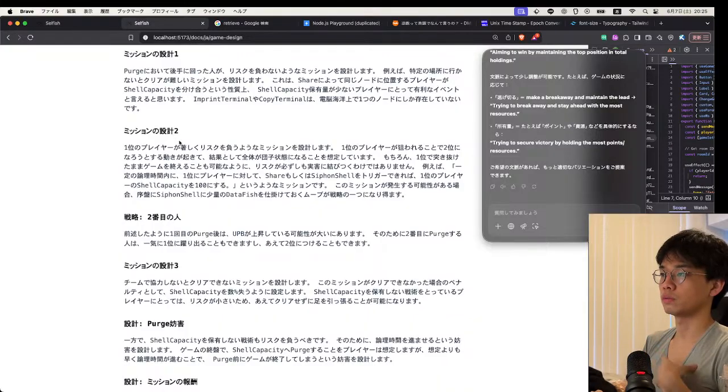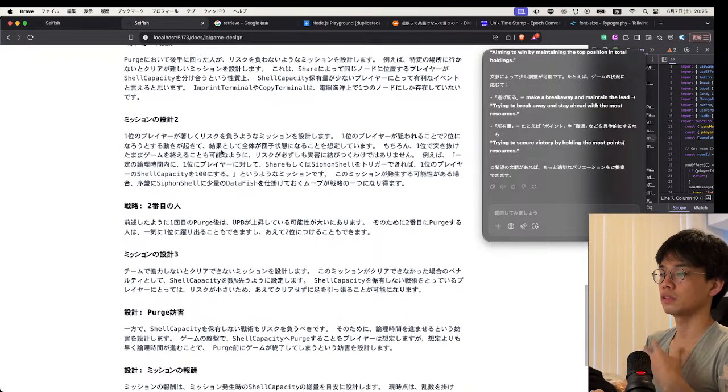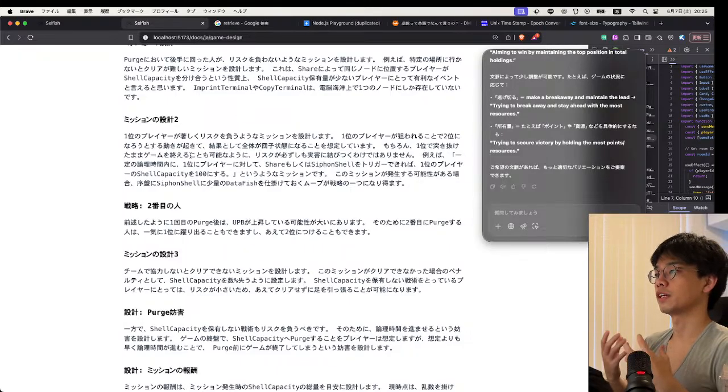And mission design 2. This is similar. I want to create a mission so that the top ranked player has a huge risk.